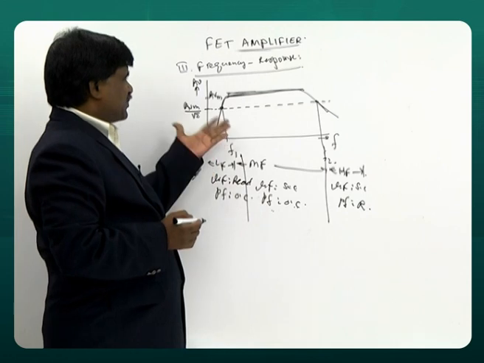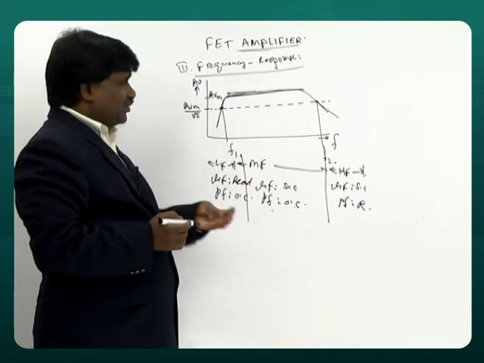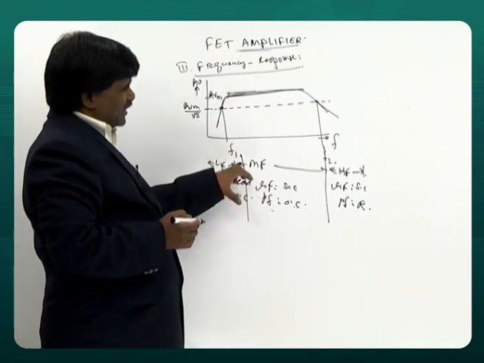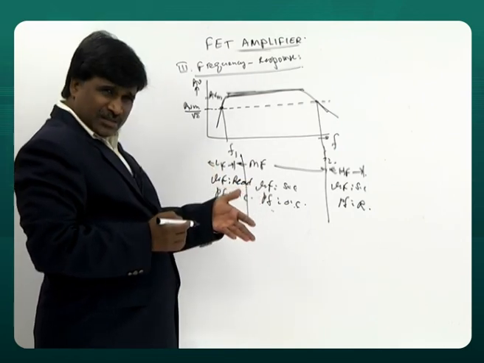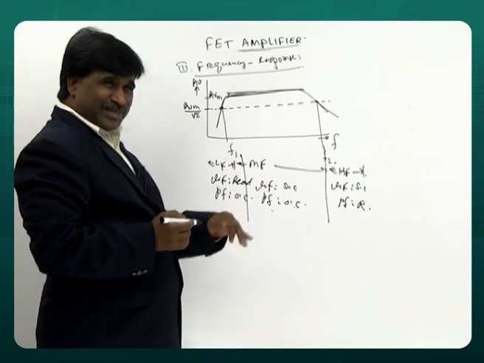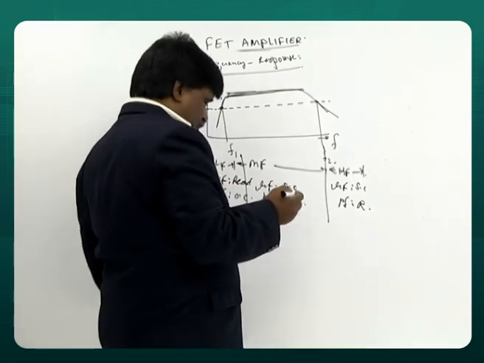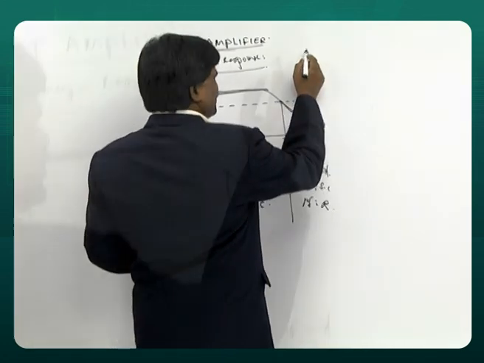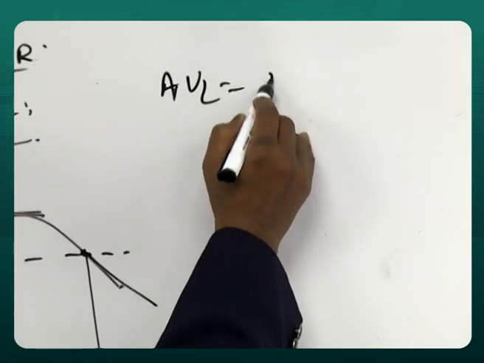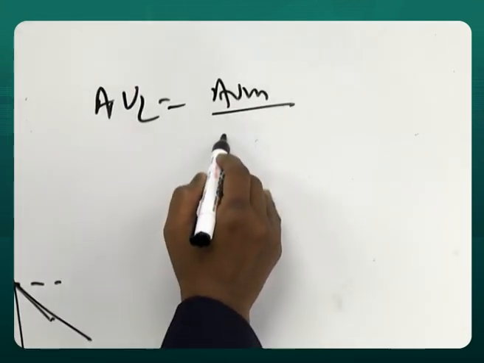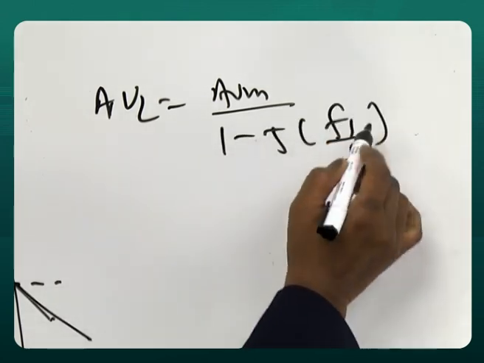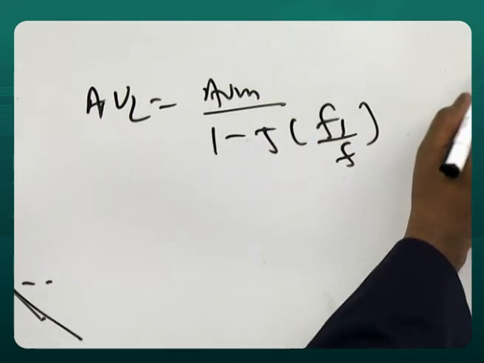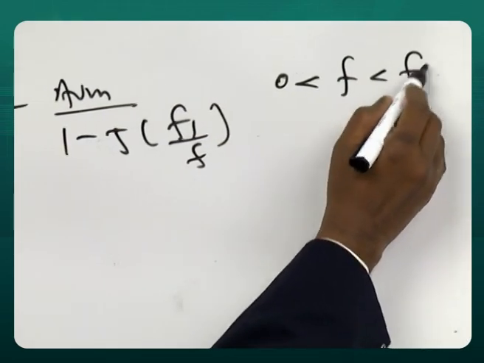This is how the response is going to be, but I need to tell you how this curve is becoming mathematical. How do I support this mathematically? For example, AVL is equal to AVM by 1 minus j F1 by F. This is between 0 to F1.